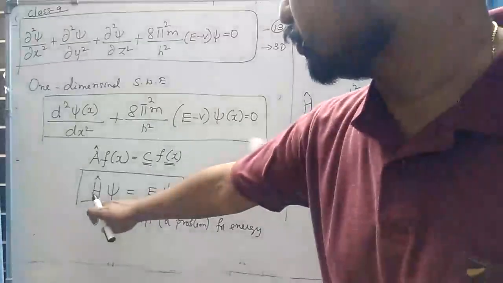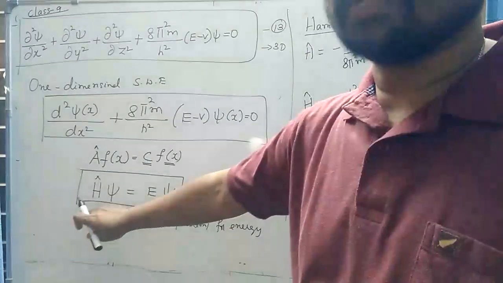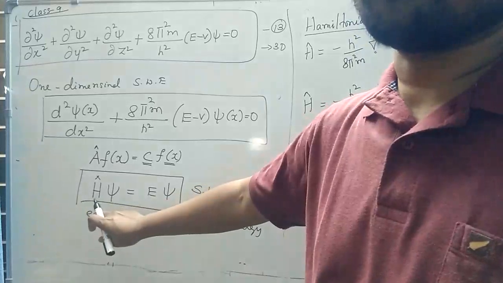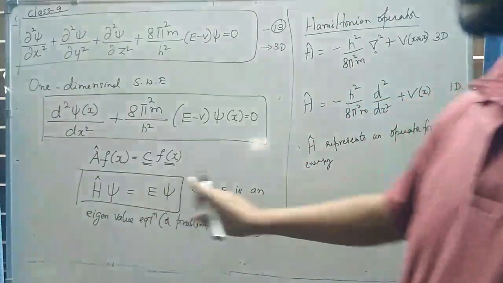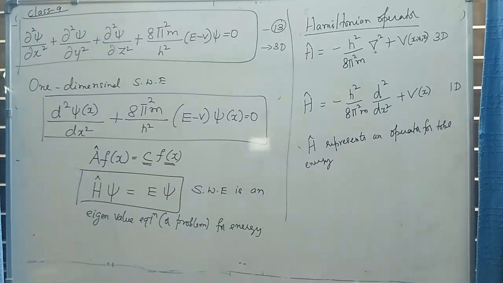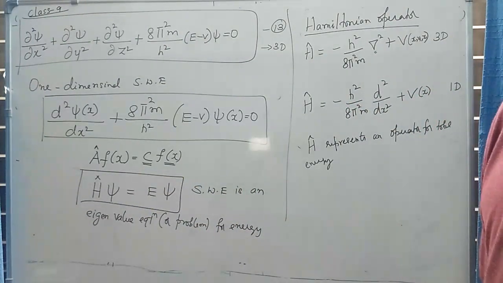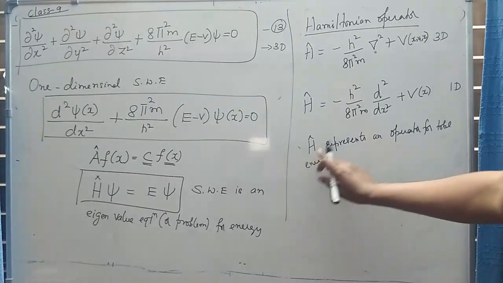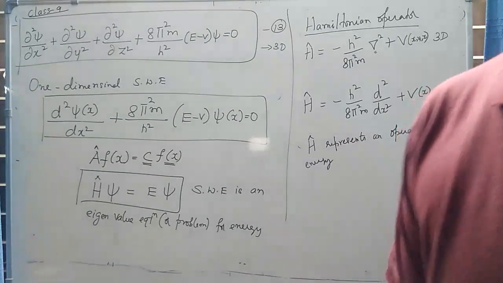Why? If you look at this Schrodinger wave equation, I already told you, when the Hamiltonian operator is applied on a wave function, it gives the energy as the eigenvalue. That is the reason why the Hamiltonian operator is an operator for calculating energy. That is, the Hamiltonian operator represents an operator for calculating total energy.